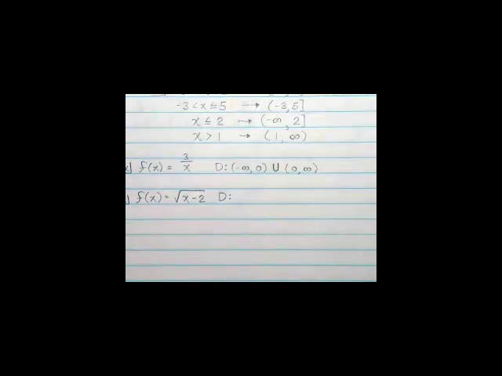So maybe start with a little guess and check. Can you put a 0 in? 0 doesn't work because we end up with the square root of negative 2.